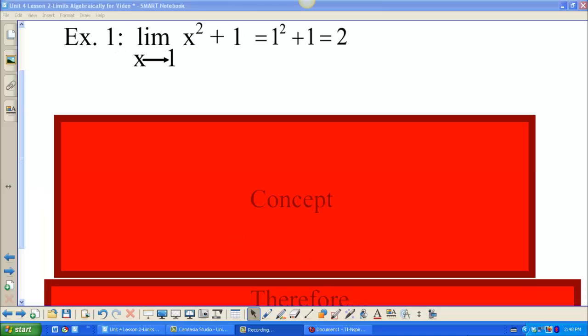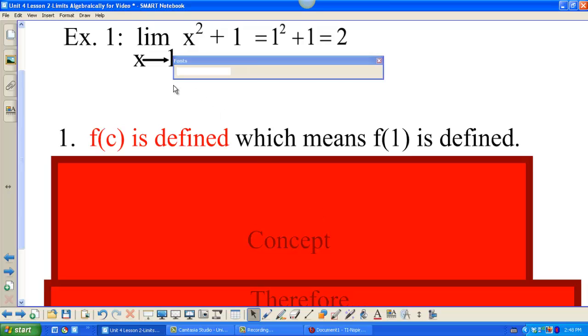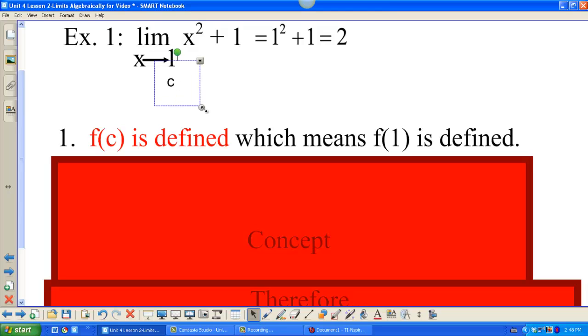So now let's talk about what our answer means and why this is considered a well-behaved function. Well, the first item is that f of c is defined. c is referring to the place in which I'm taking a limit. So in this case, it's 1. So f of 1 is defined on the graph. We saw that.